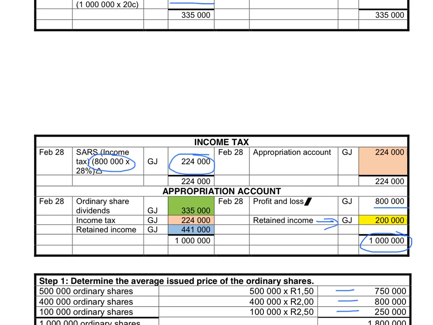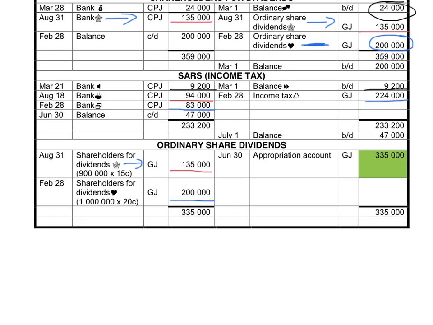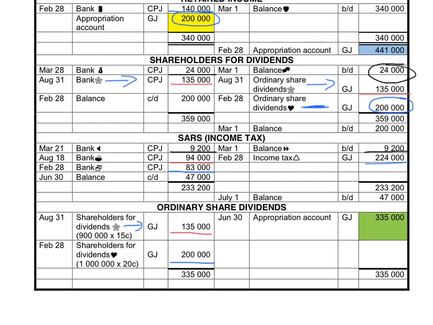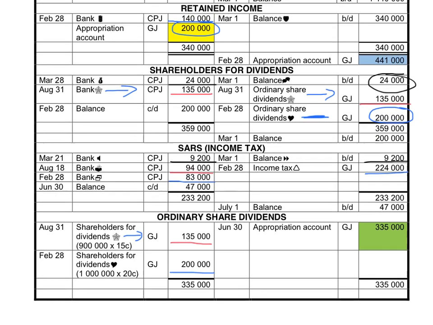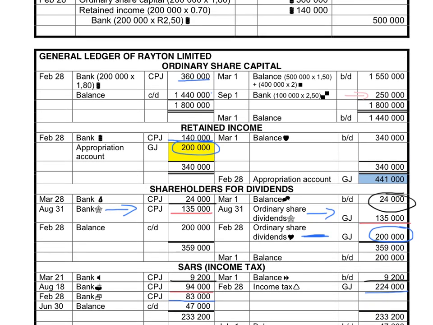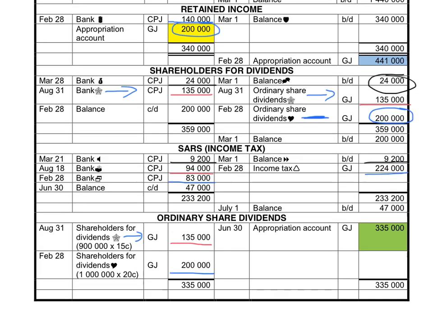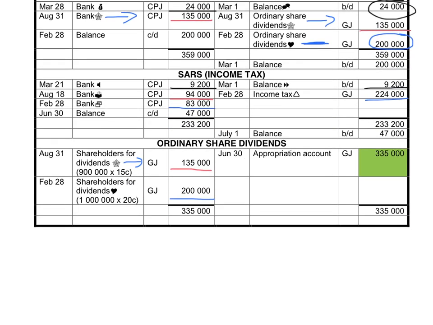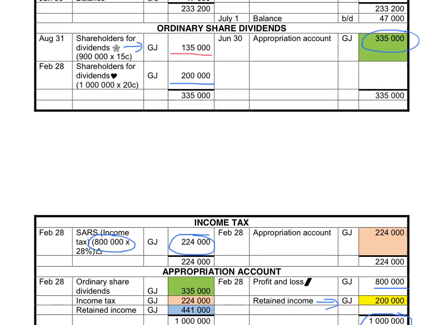Then I go to my ordinary share dividends account and my income tax account, and I transfer the balances from the income tax account and the ordinary share dividends account to the appropriation account. So I will credit the ordinary share dividends with 335,000.